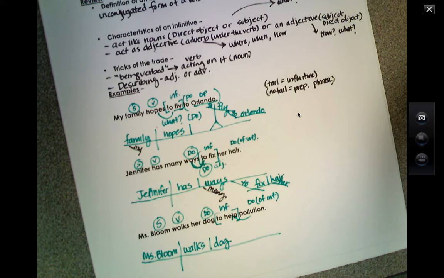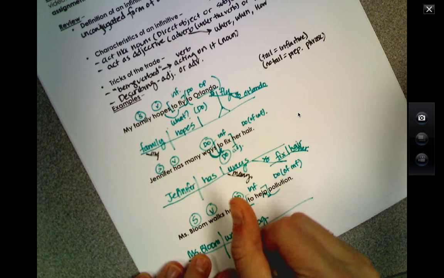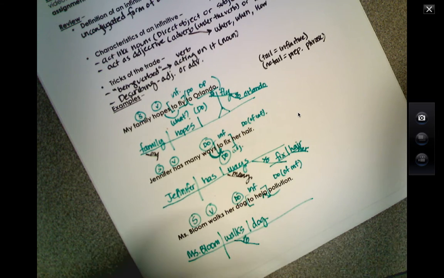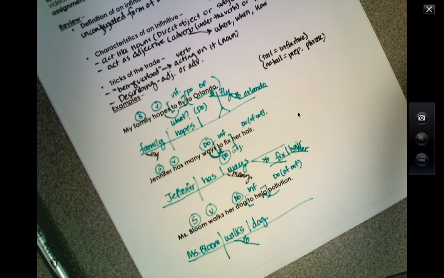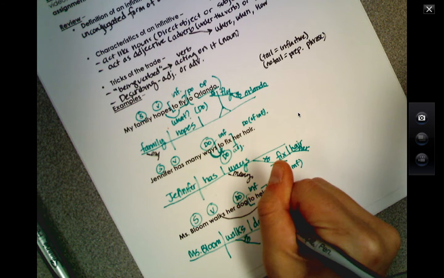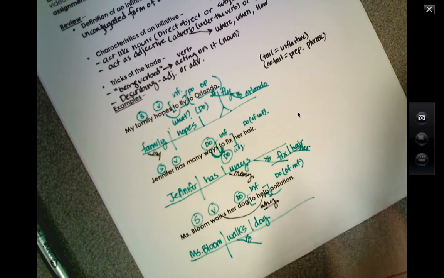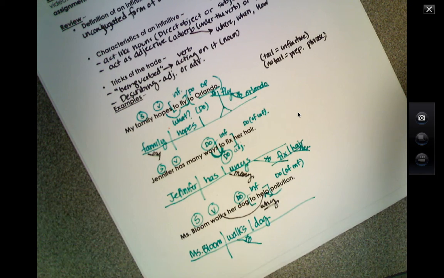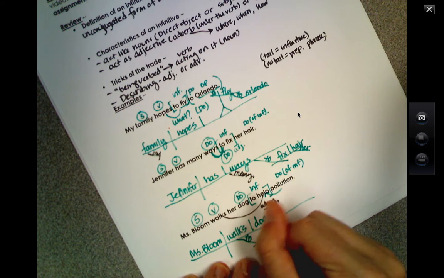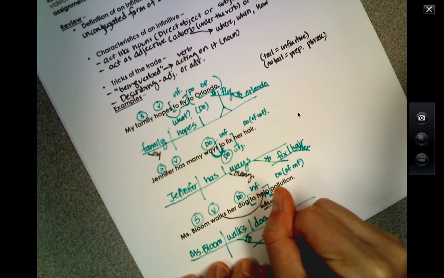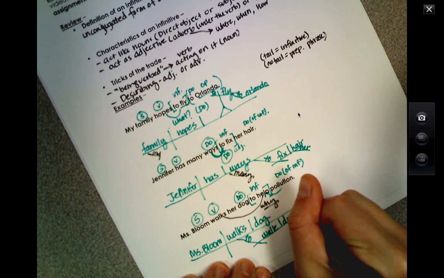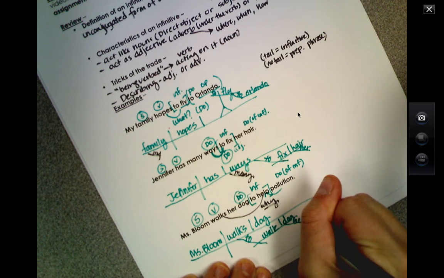It's not telling me any information about the dog. It's actually telling me why she's walking. So it's going to go under walks. It's answering the question why. Just like that.